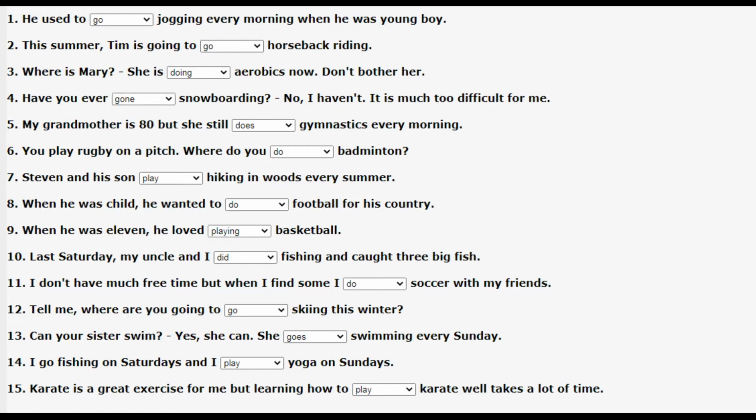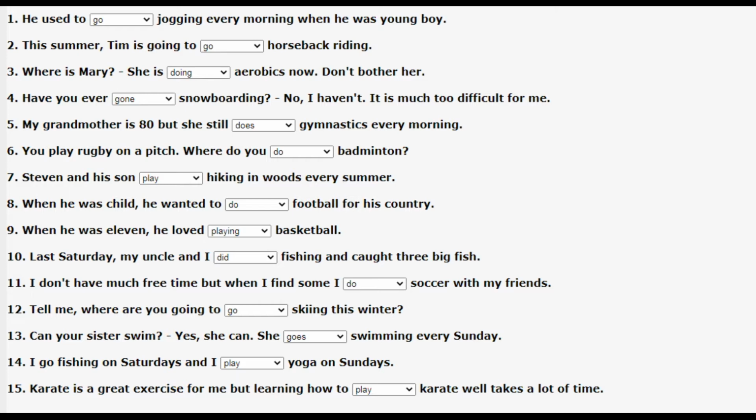Remember, when I ask this question, I'm talking about the present perfect: the verb have plus the verb in the past participle form. We're going to study this later. The answer is no, I haven't. It is much too difficult for me.